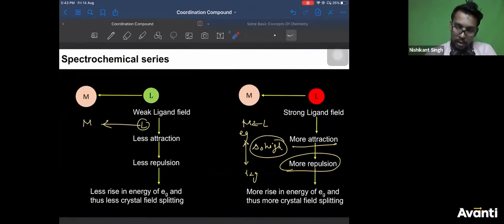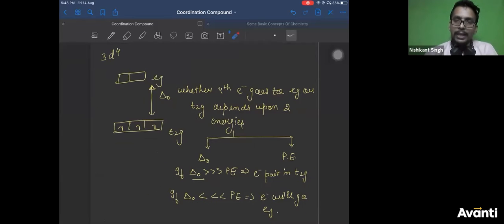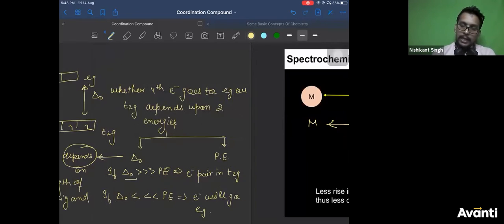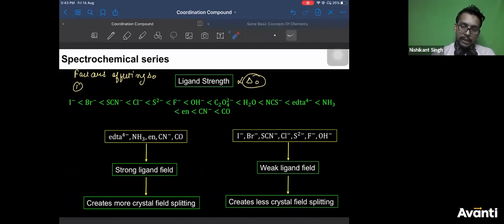All right. Then we said delta O depends upon 3-4 factors. We discussed one factor yesterday, that was the strength of the ligand. We said delta O is directly proportional to the strength of the ligand.